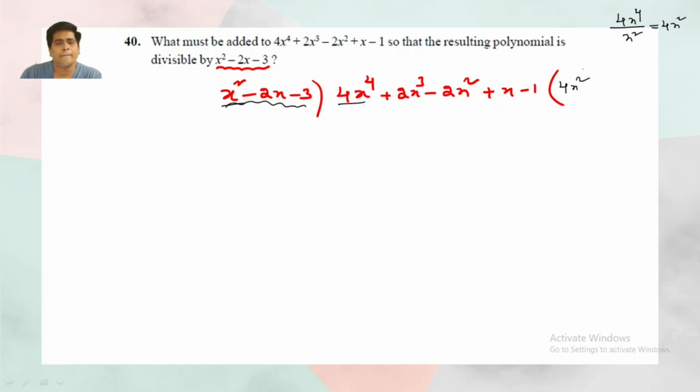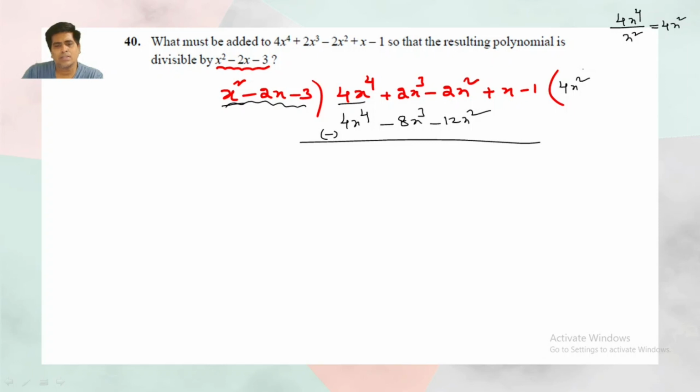So x square into 4x square, that is 4x power 4, minus 2x into 4x square, clearly that is minus 8x cube, minus 3 into plus 4x square, it is clearly 12x square. So subtract it. While you are subtracting, change the signs.